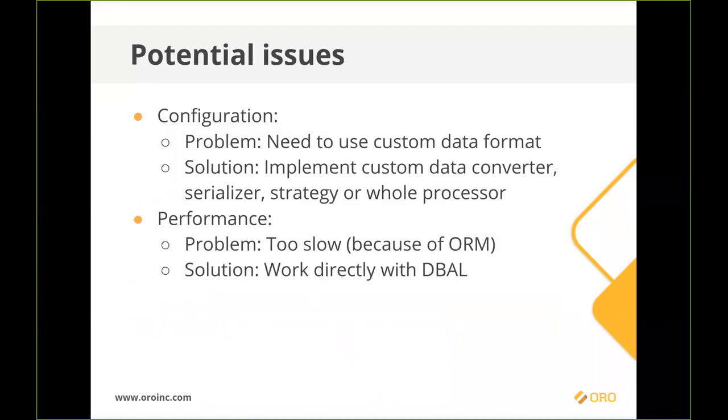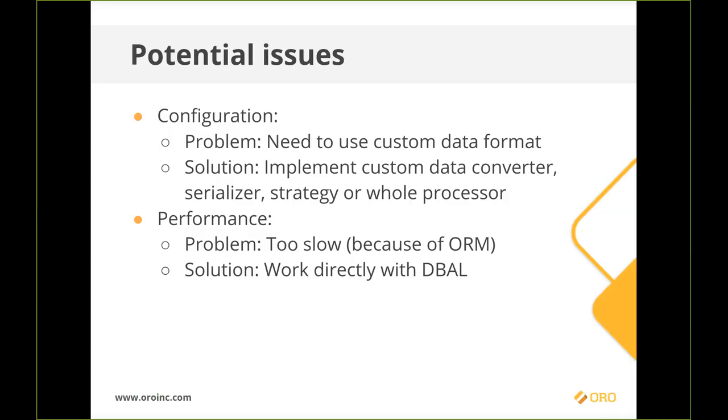And what are the potential issues of using the import-export? First of all, not only issues, but what a potential request. I need to use a custom data format. You have to think what is custom, if this is a different conversion, or you serialize the object a different way, or it's just a different way how you approach storing the information to the database.